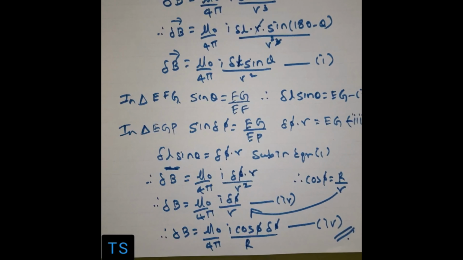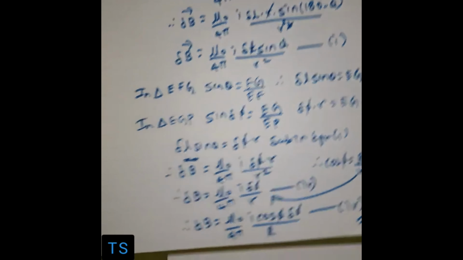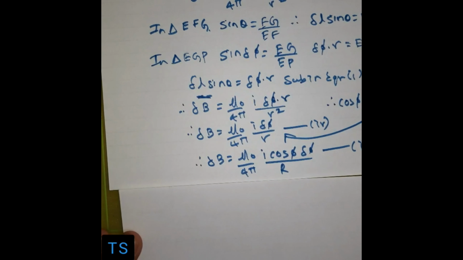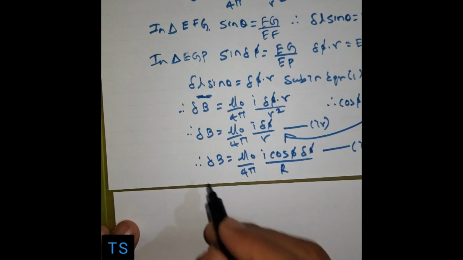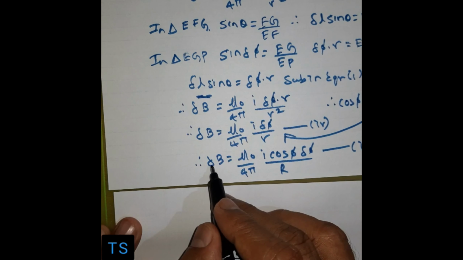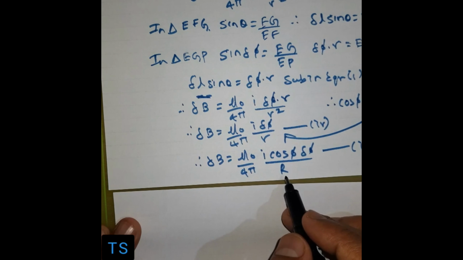We got the value of delta B due to the current element, which is very small, I delta phi. Now we solve ahead and find the magnetic field due to the whole current. So we have delta B equals mu naught by 4 pi I cos phi delta phi upon R.